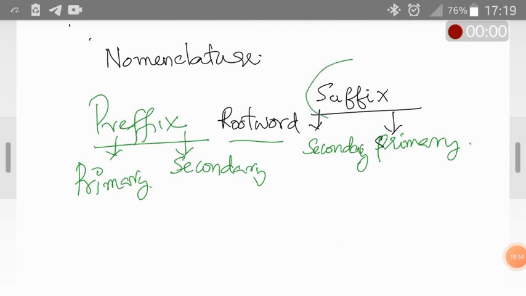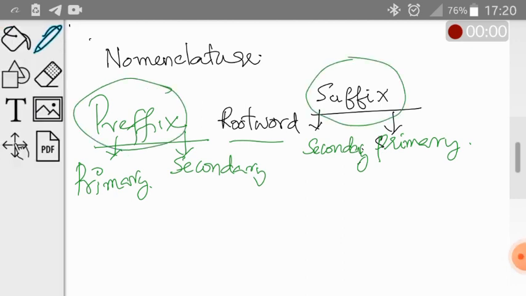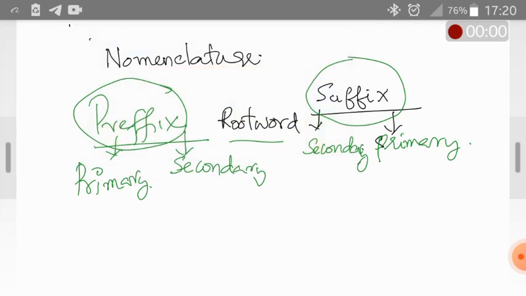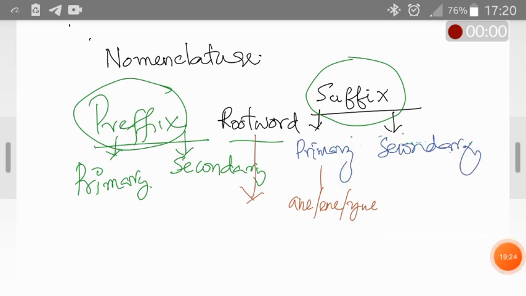So this is how the organic compounds will be named. There is a root word, there will be a suffix, and there will be a prefix. The root word will tell you about the longest continuous carbon chain.